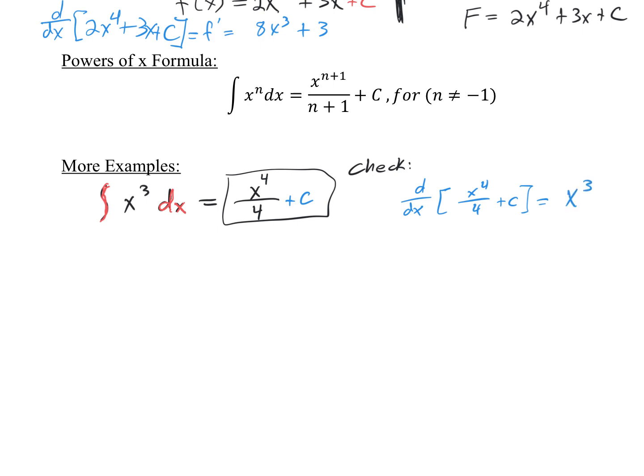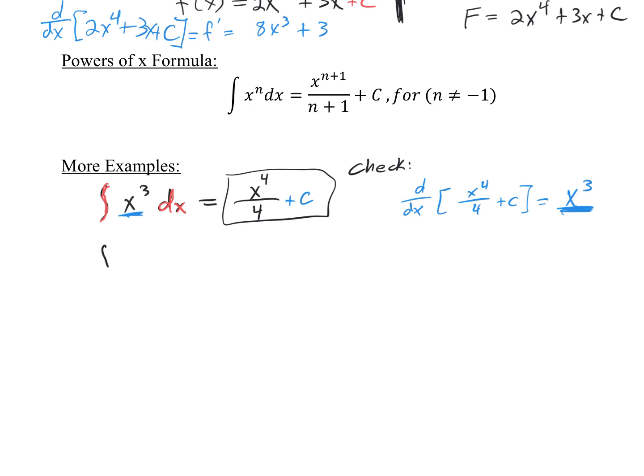What is the derivative of your constant? Derivative of any constant is just 0. So we end up getting x cubed. And the fact that we have the same thing that you started with is how you can check your work. You know that you are correct because we took a derivative and we got the correct answer, which was stated here at the beginning. Let's do another example.